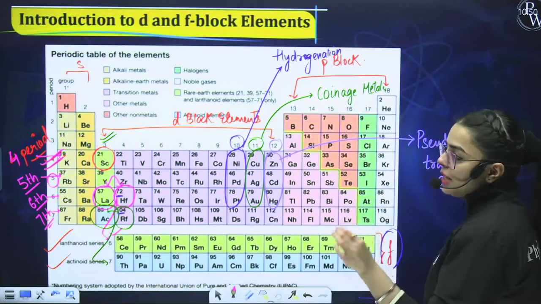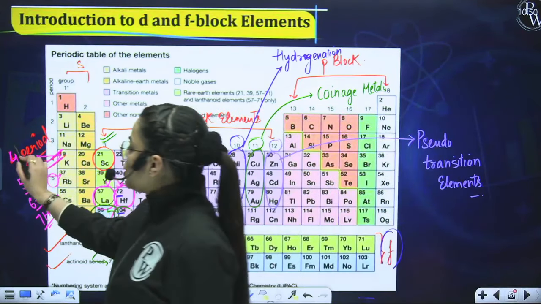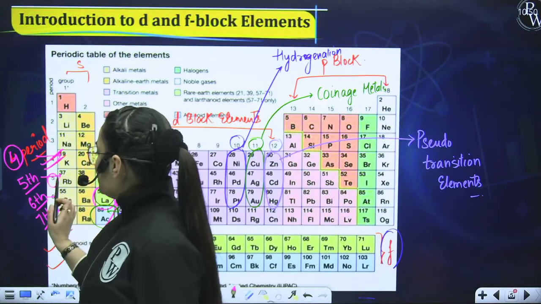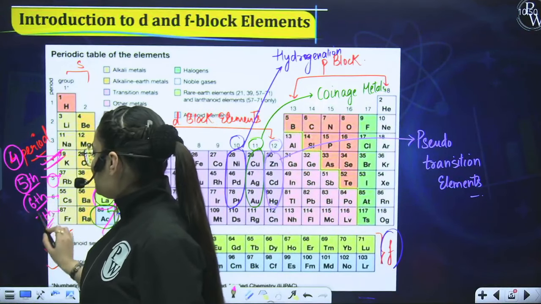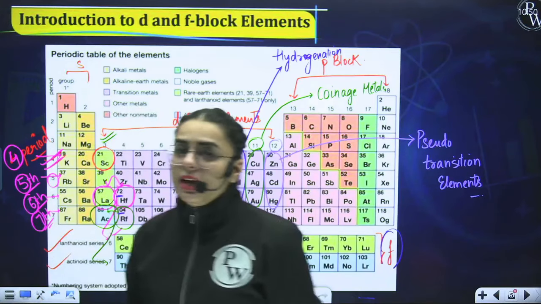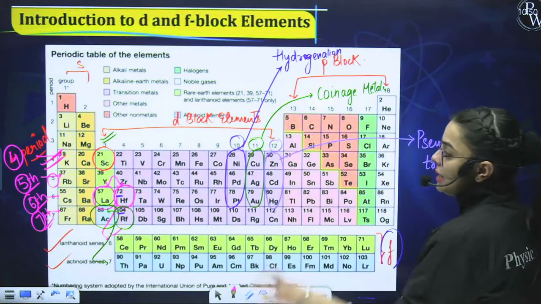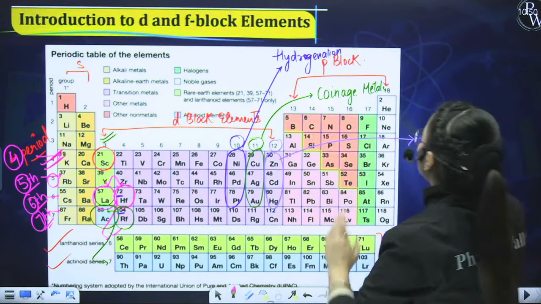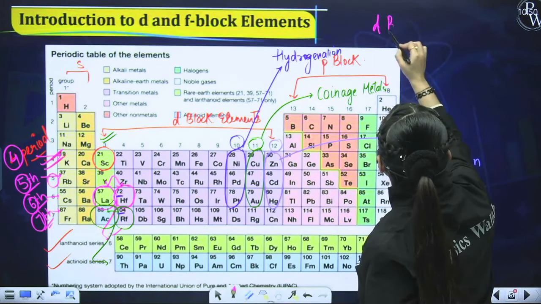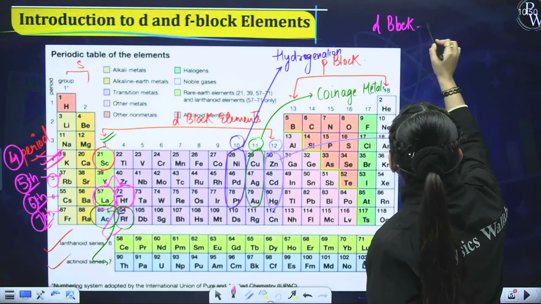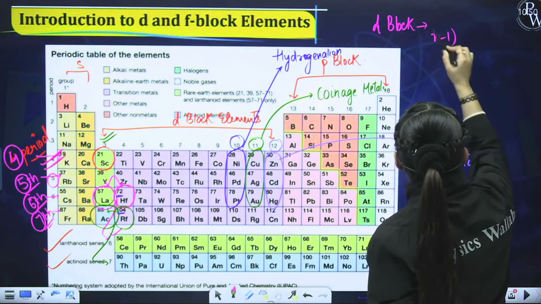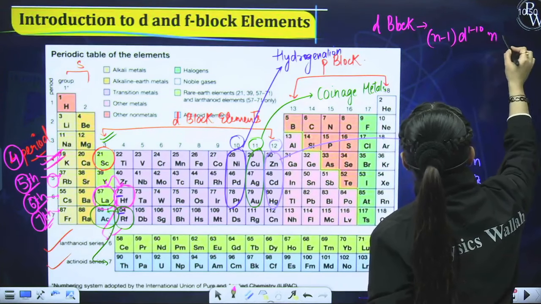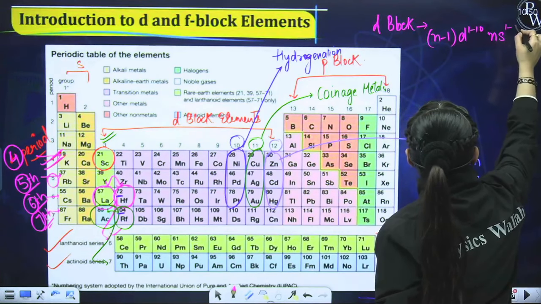So, if it is the 4th period, what shall be the value of n? The n value will be 4. What shall be the value of n over here? It shall be 5, it shall be 6, it shall be 7 respectively. Am I right? Now, when I am defining a general electronic configuration for D block elements, it is n minus 1 d 1 to 10, then ns 1 to 2.